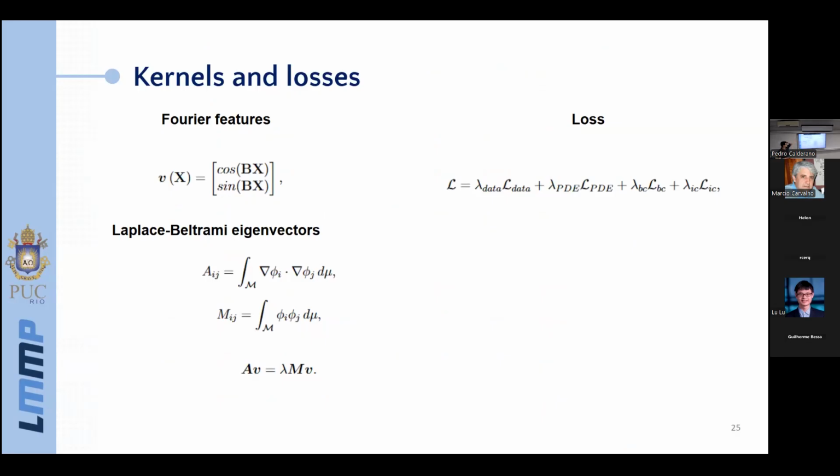And well, about the tools, in this work I basically changed kernels and losses. Well, I have a complex geometry, and therefore the solution of my flow is also complex, and it has oscillations.